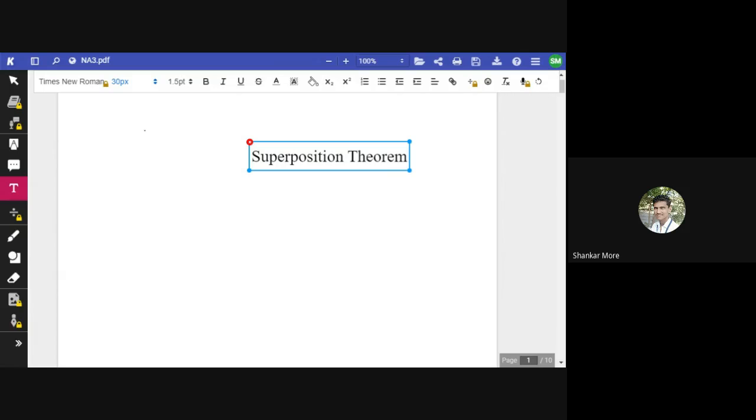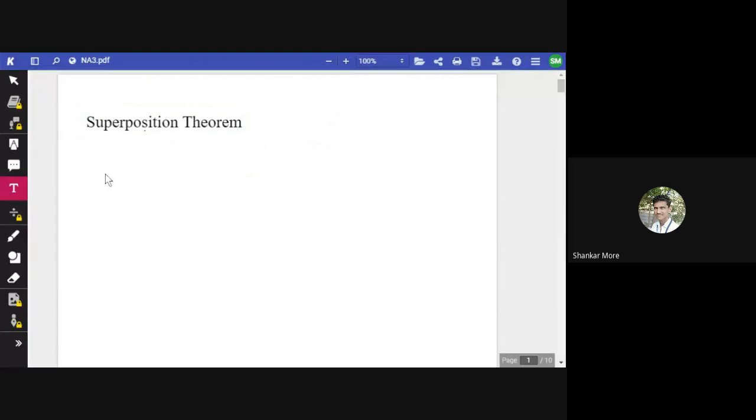Just a sec. Okay, superposition theorem. It should be here. All right. So what exactly is this? This theorem is applicable for linear and bilateral networks. Okay, and the independent source elements should be more than one.